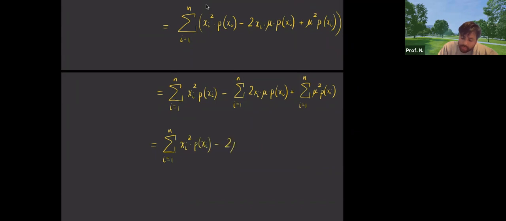So I have 2 mu times the summation, i goes from 1 through n, of x sub i, p of x sub i. Plus, I can do the same thing here with mu squared. I can factor out the mu squared, and so I'm left with mu squared times the summation, i goes from 1 through n, of p of x sub i.